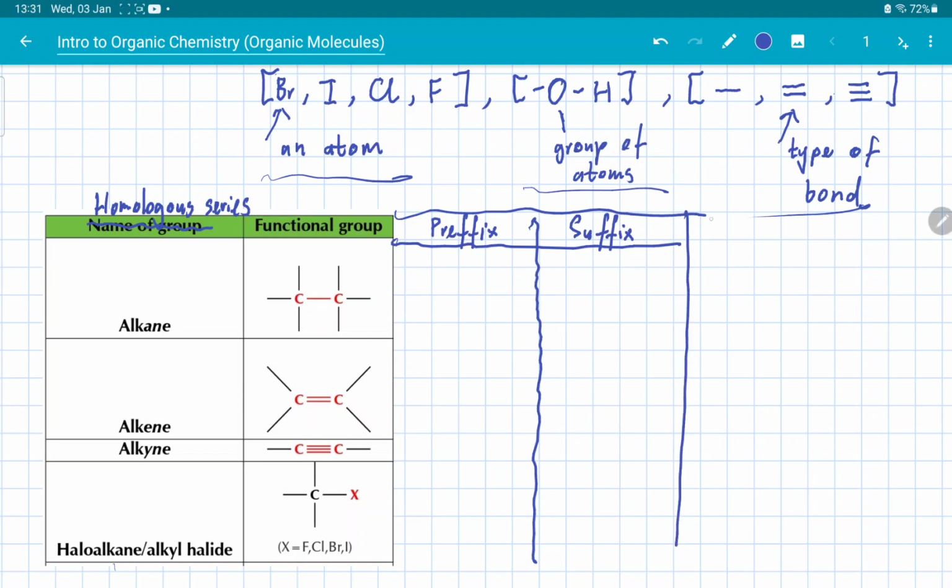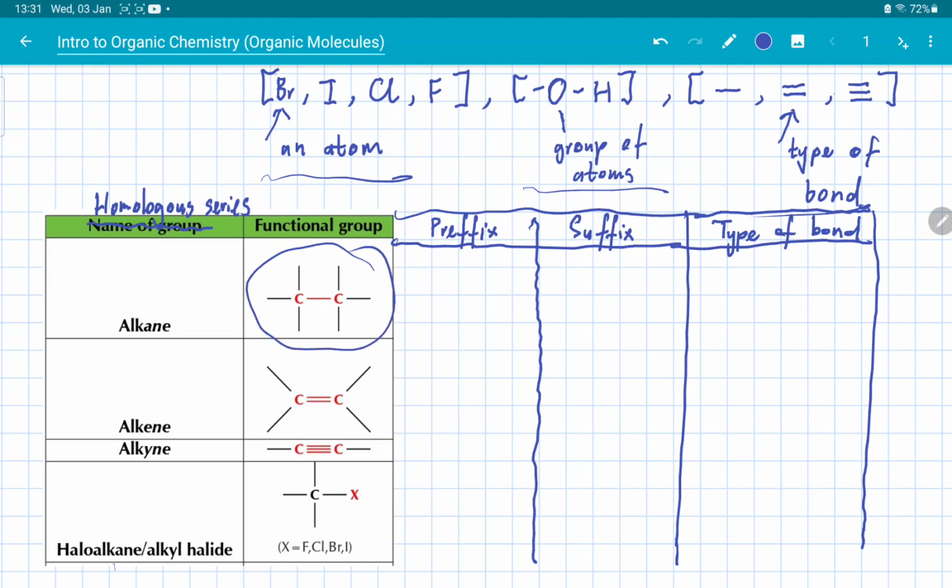So basically, when we look at these, there's also that type of bond, which I almost forgot. If you look at alkanes, typically a functional group, this is a functional group, people. You don't put hydrogens there.